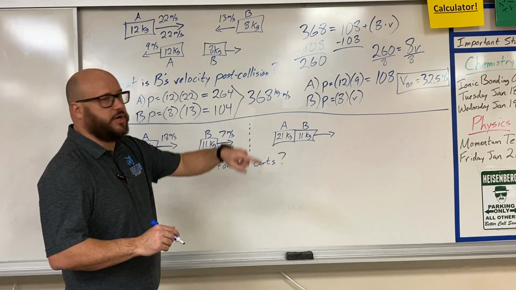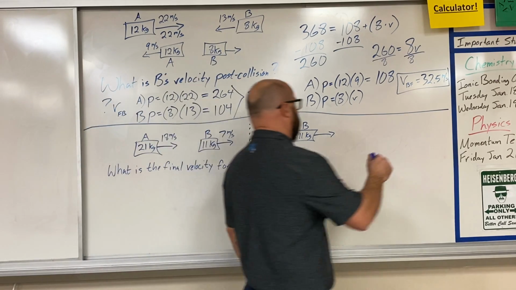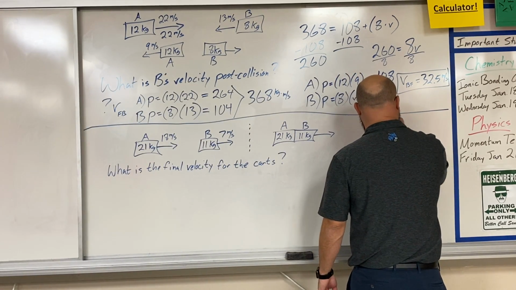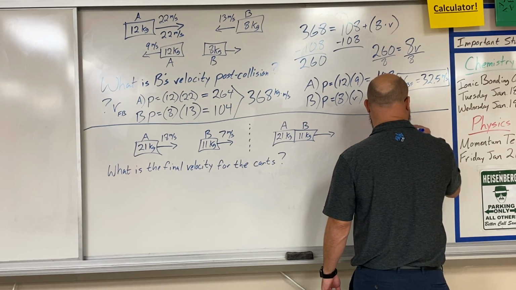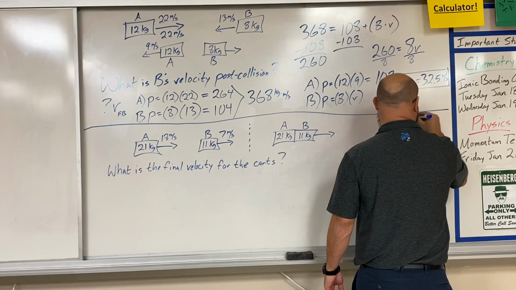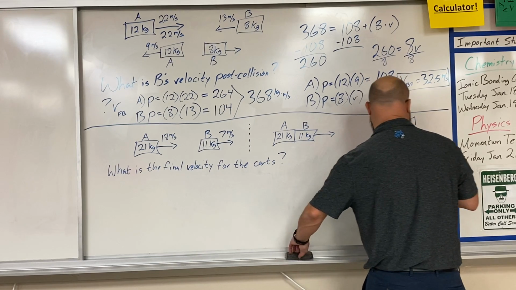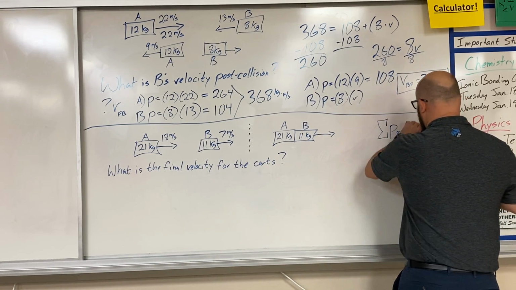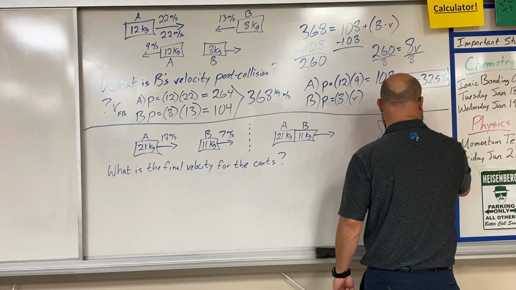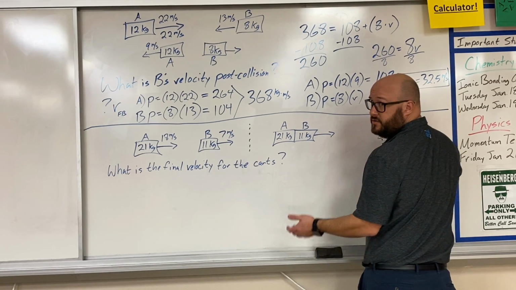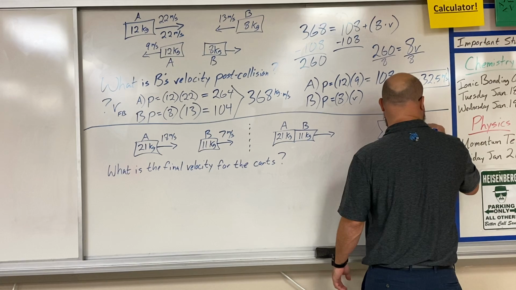Now again, our total momentum, I'll write that one more time. Total momentum before has to equal, that's horrible. Hey, at least I can admit when my drawing or my writing is bad.